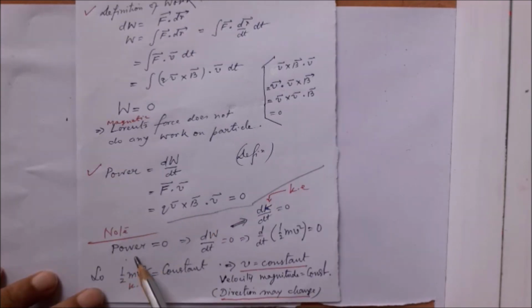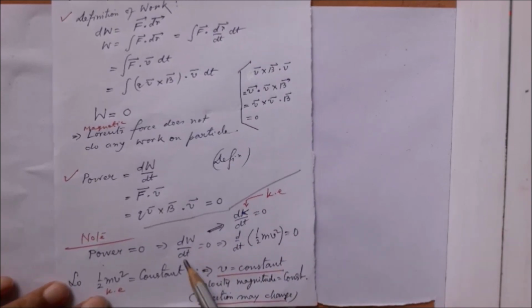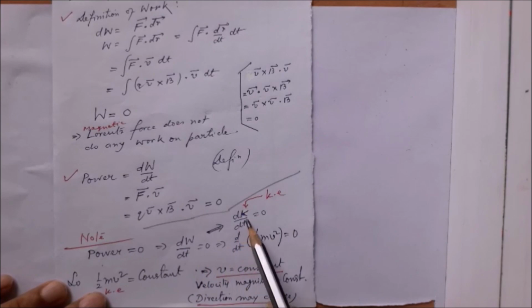Let us note that power is 0 and power is dW/dt, the rate of doing work, so the rate of doing work is 0. Again, if we spend energy, we are doing work, and the rate of expenditure of energy is equal to the rate of doing work. Since this is 0, this will also be 0.